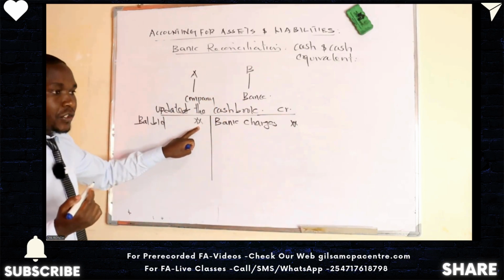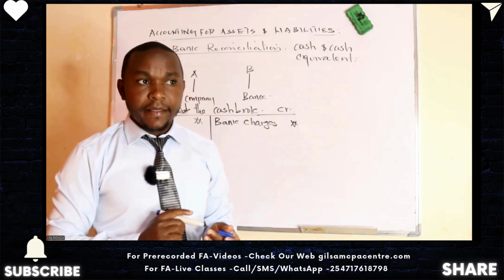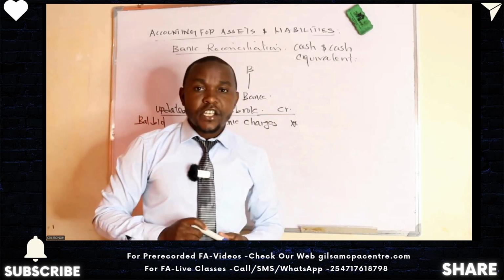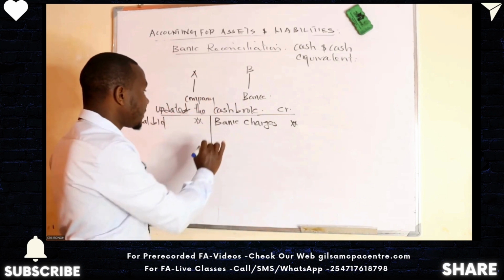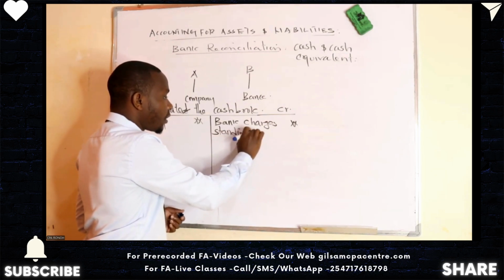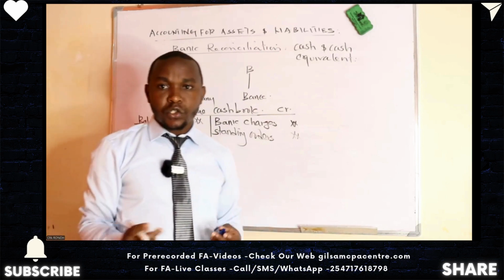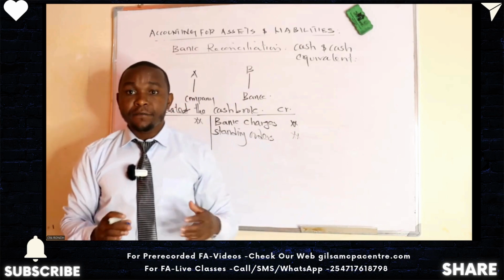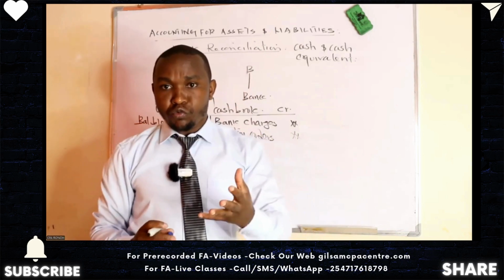Another transaction which you don't have in your cash book and the bank has already effected is standing orders. You give the bank instructions to pay someone else on your behalf, without the bank informing you as a company.